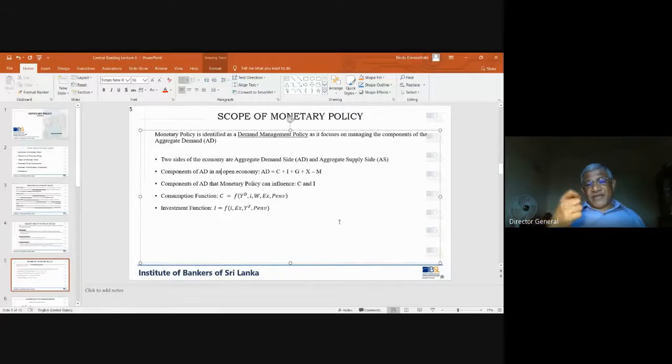I also have paid 10 rupees to the government, right? Okay, now compared to the earlier situation, Kavinda is short of 20 rupees.